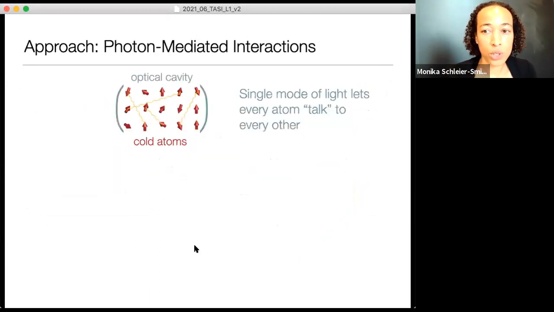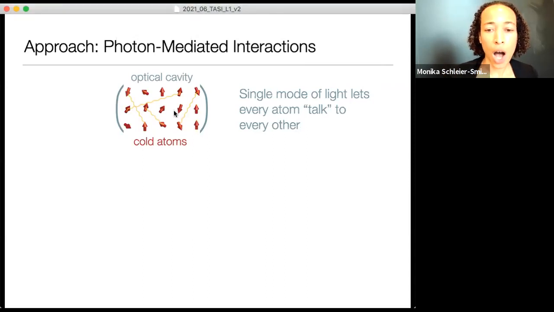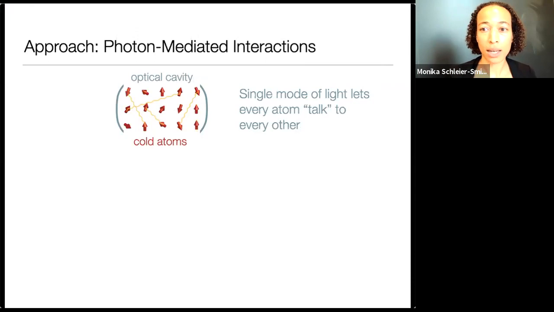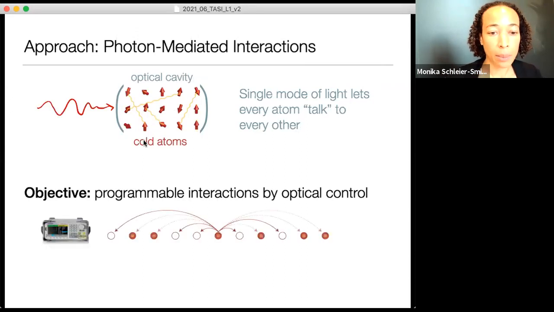So the general approach that we take in our lab is we have a system where we have some spins encoded in cold atoms, and they can talk to each other with the aid of photons. And the nice thing is that photons travel at the speed of light, which for our purposes in the lab is essentially instantaneous. So every atom can talk to any other atom.